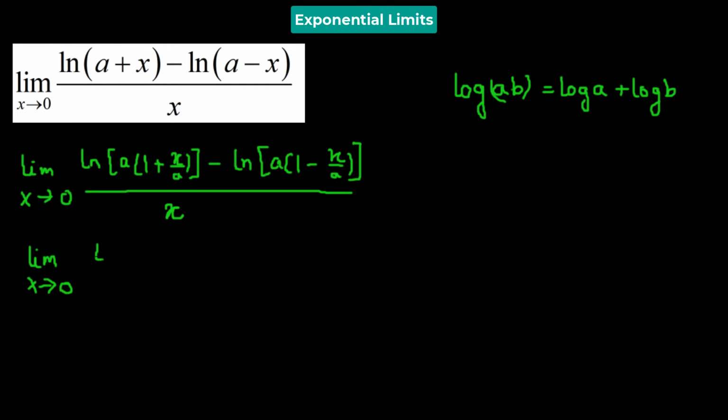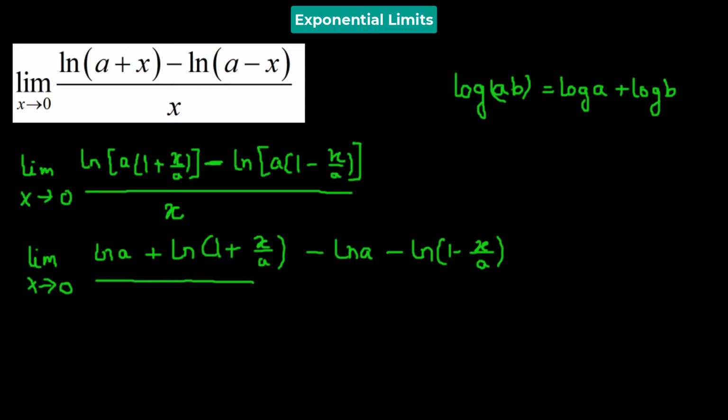So we have natural log of a plus natural log of (1 plus x over a), minus natural log of a, minus natural log of (1 minus x over a). The minus sign appears because it's multiplied by -1 here, divided by x.